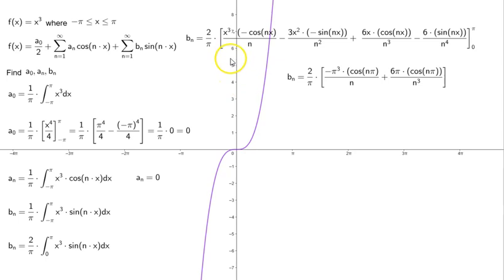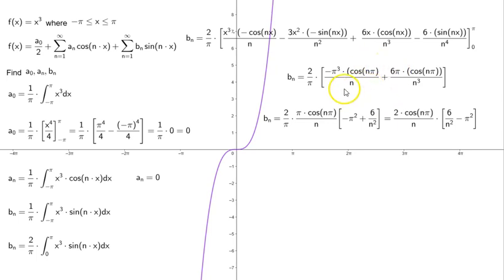So we are left with, and since we have done the substitution, we will end up with minus pi cube times cos n pi by n plus 6 pi times cos n pi by n cube. Now let's simplify it. bn is equal to 2 by pi times, what is common? Let's take it out. Pi is common, cos n pi is common, and n is common.